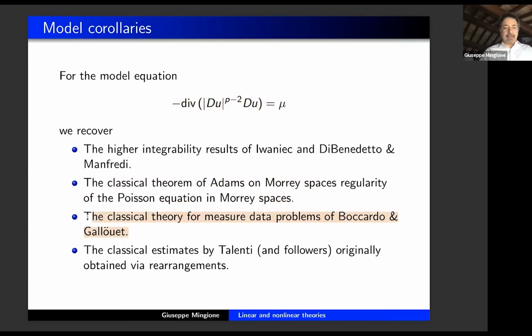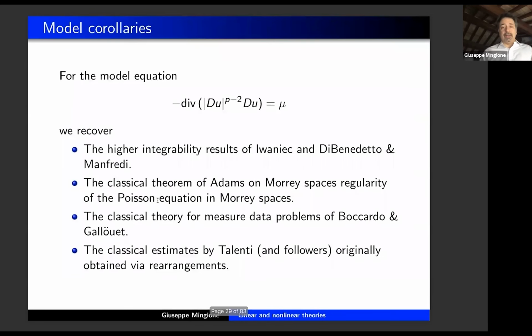And then the classical interior estimates of Boccardo and Gallouët, they can be obtained by using these estimates. Of course, we are based on the work of Boccardo, Gallouët, Vazquez, and other people. And then the classical estimates of Talenti via rearrangements follow in the interior version, just essentially because now the equation is like the Poisson equation for us.